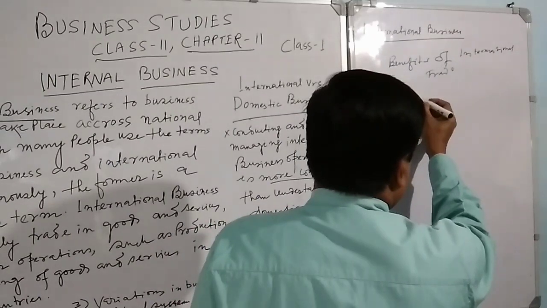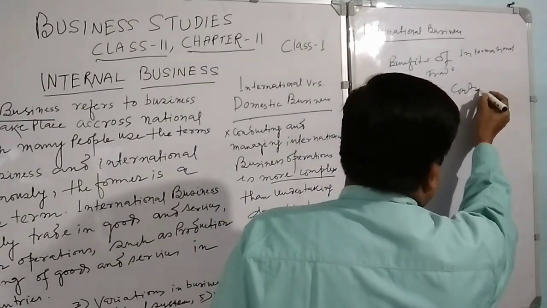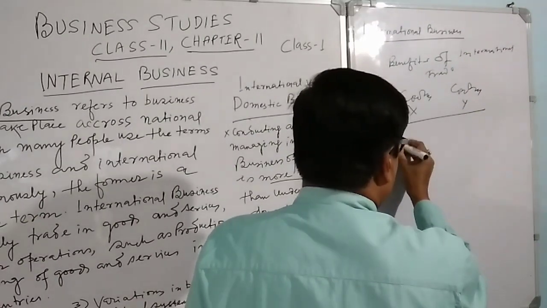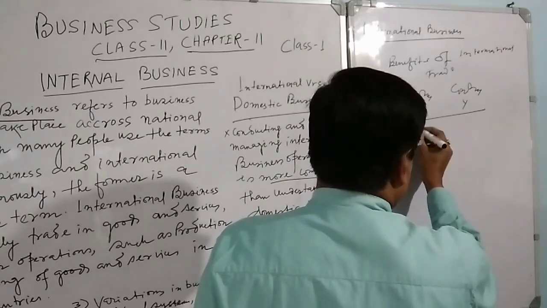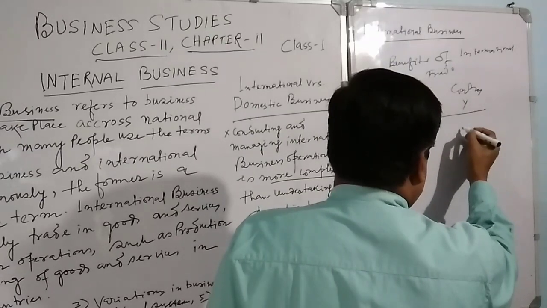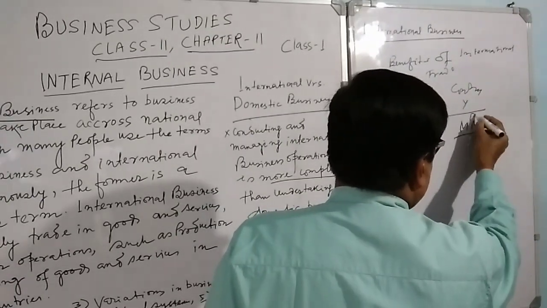Suppose country X and country Y. Here the products P, Q, R are the products. Here M, N and L are the products.